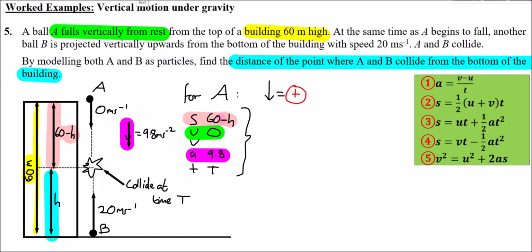And as I say, we don't really know V, and we're not asked to find V, so I'm just going to put a cross through V. So for A, we need one of these formulas that doesn't involve V at all. So that one does involve V, as does that one. So again, we're having to rely on good old reliable s equals ut plus a half at squared.